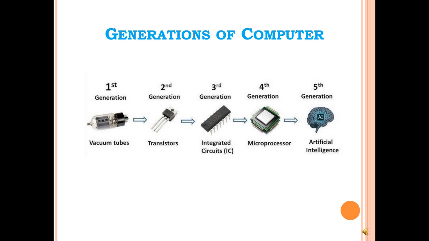When we talk about the first generation of computers, vacuum tubes were introduced. After that, the second generation of computers was introduced in the market, and in that, transistors were used.